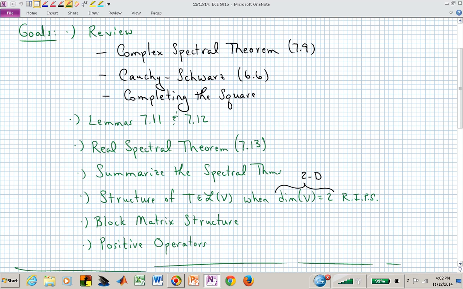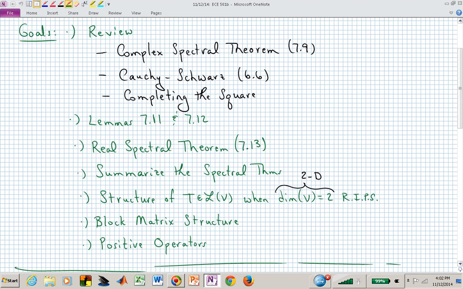Now when we were talking about inner products, we were using those to talk about length and angle. Now we want to apply some of those same ideas to operators, and we want to think about distance, sort of like length, and direction, sort of like angle.